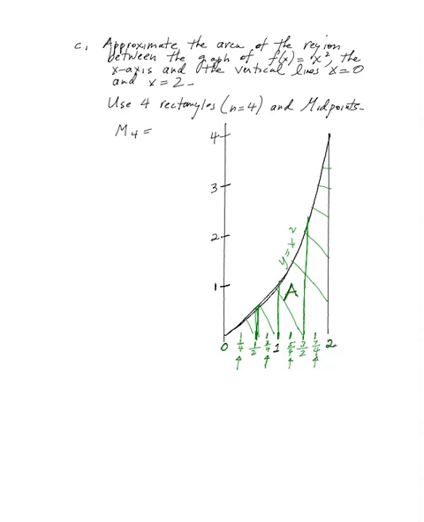So I'm going to let the height of the first rectangle be f of 1/4. So I draw a vertical line over x equals 1/4. And where that hits the graph is f of 1/4, and that's the height of my first rectangle.